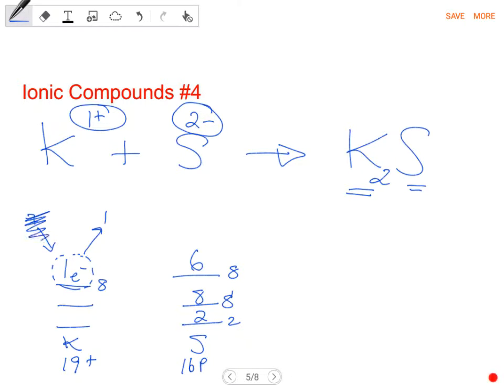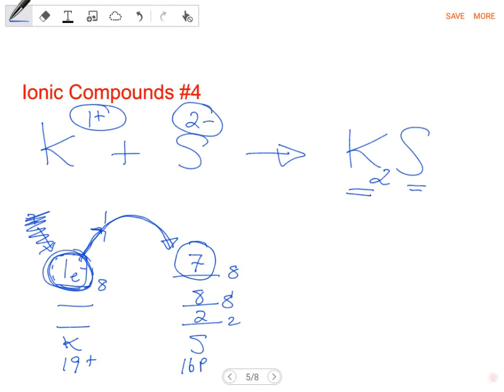This option is no good. This potassium wants to lose this. It's got to lose it. And we know this is going to accept electrons. Now this 1 electron is going to go right there. If this 1 electron goes right there, how many electrons are now in this level? It should be 7.